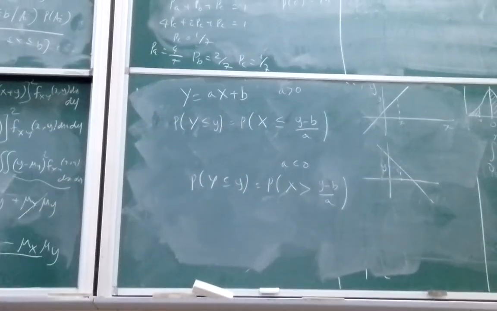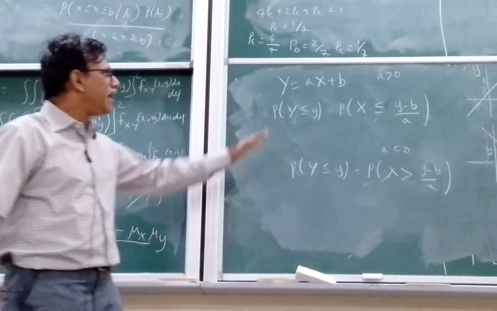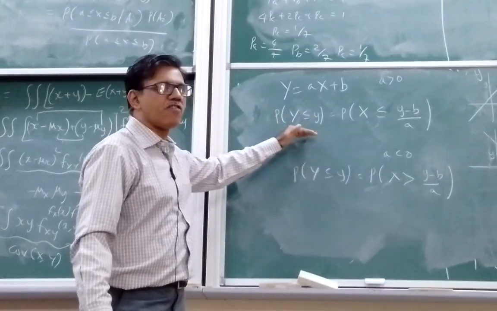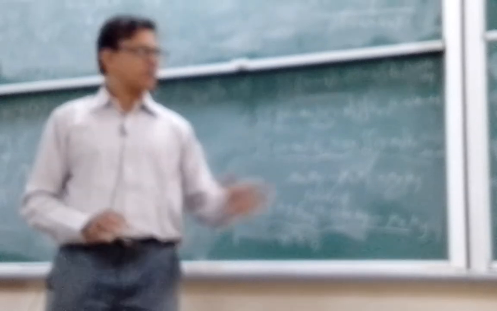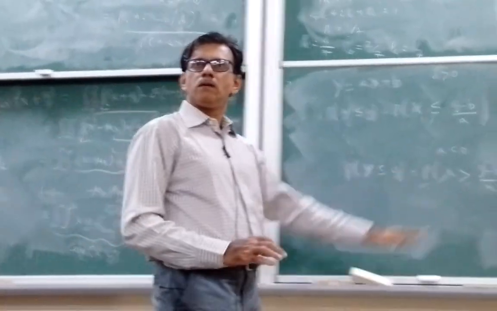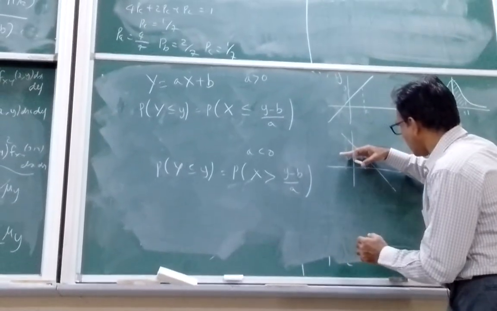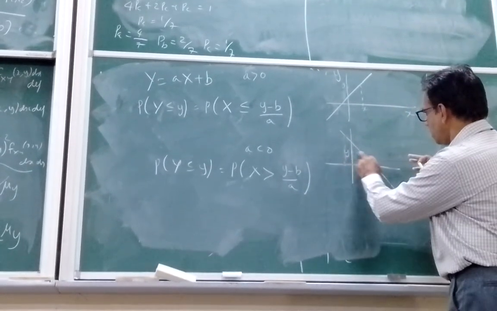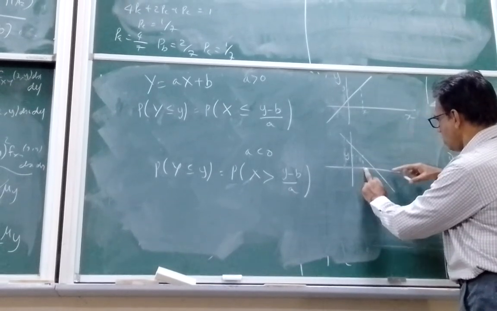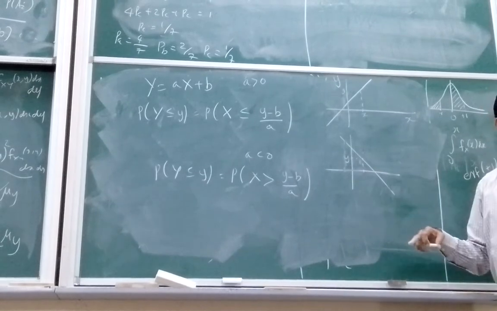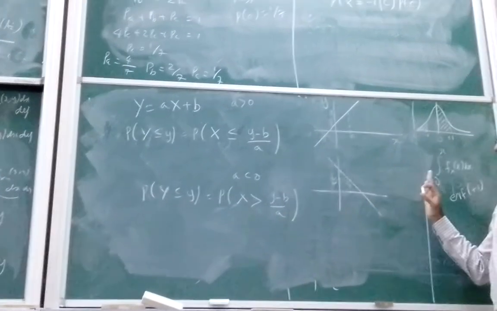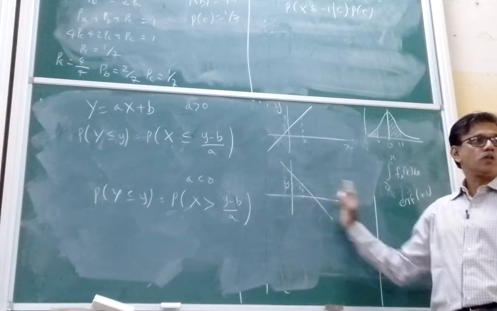So that is how you can find the CDF of y in terms of the CDF of x. Is this clear? Y taking a value less than or equal to this y corresponds to x taking any value here. For any value here, y will take a value less than this one. So x has to take a value greater than y minus b. So this way you can find it.